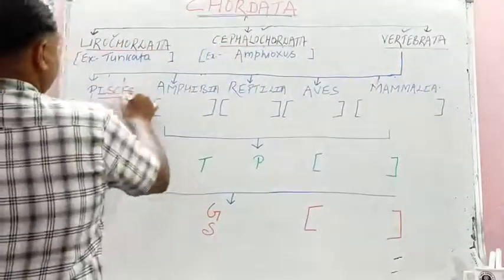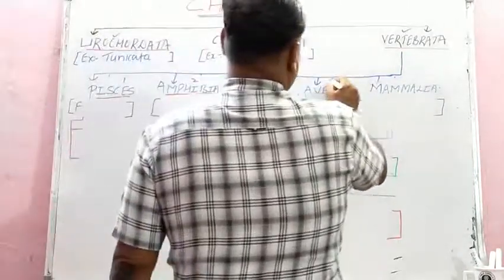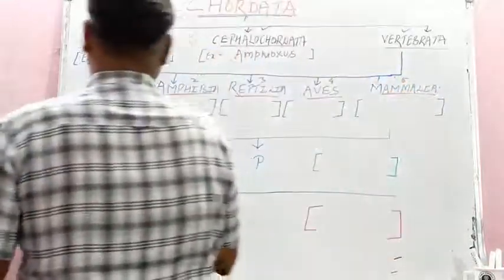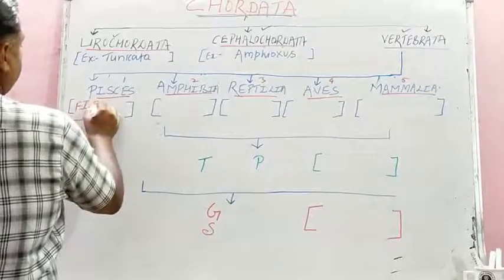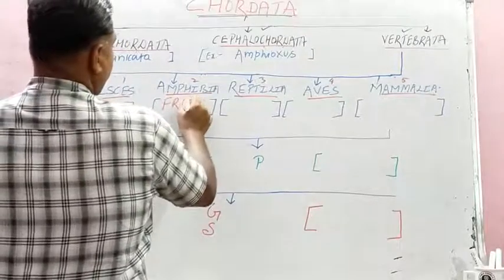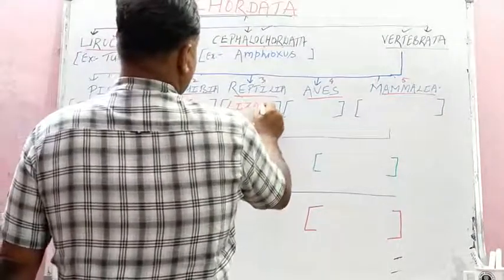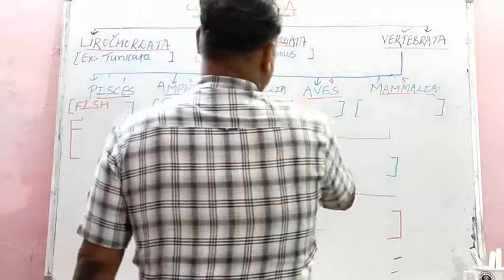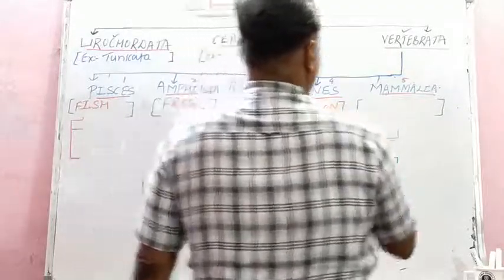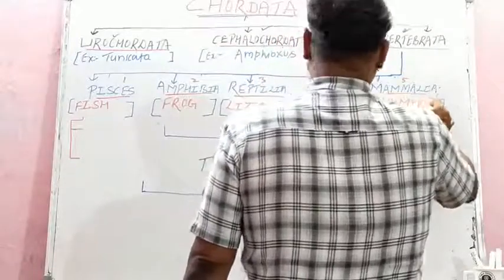Number 1 is Pisces, 2 Amphibia, 3 Reptilia, 4th Aves, and 5th Mammalia. The best example of Pisces is fish, Amphibia, frog, Reptilia, lizard, Aves, pigeon or birds, and Mammalia, we humans, isn't it?